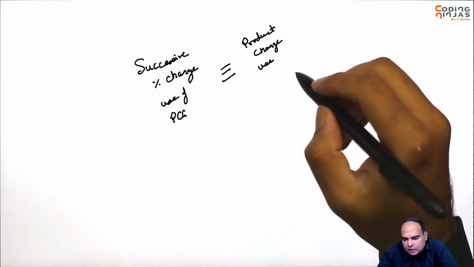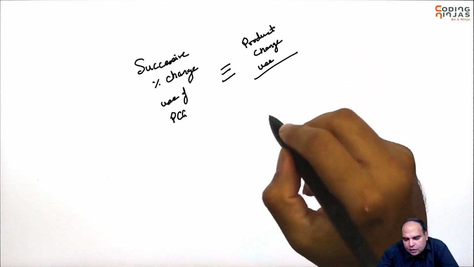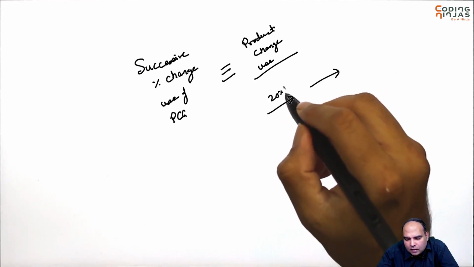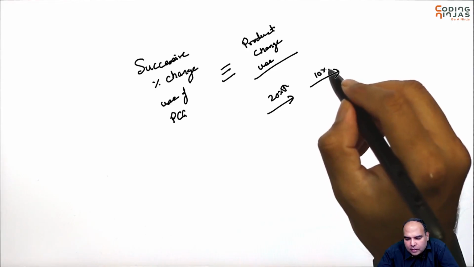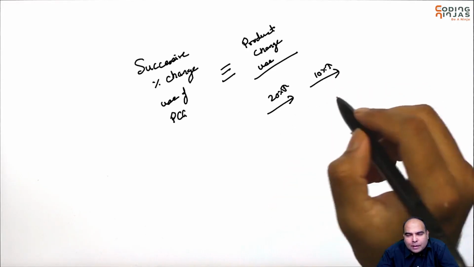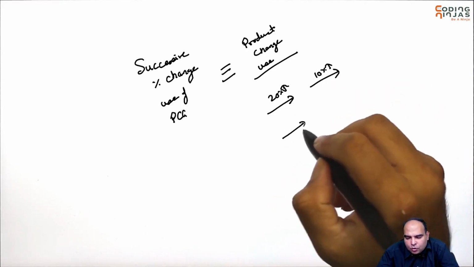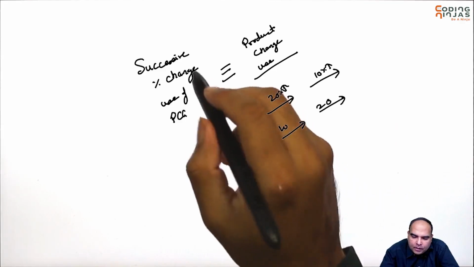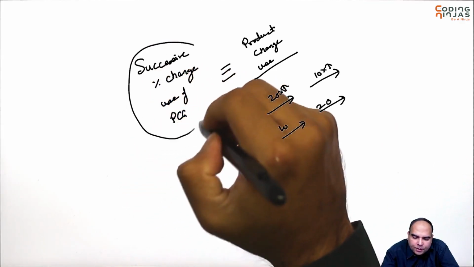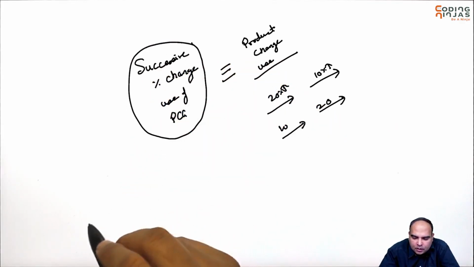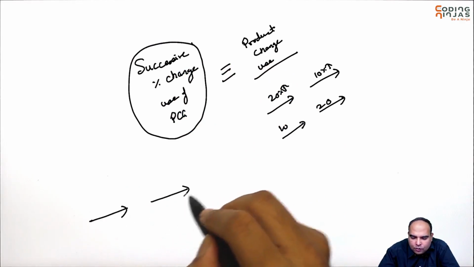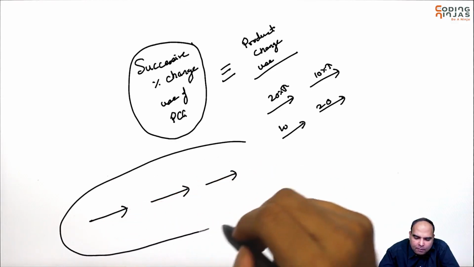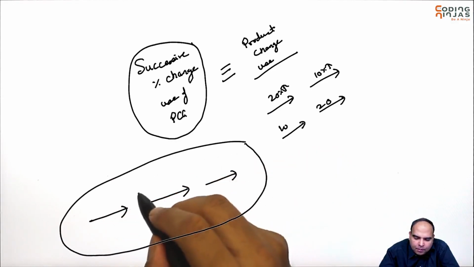That difference is that in the product change use, we have seen that the arrows are interchangeable with respect to each other. So 2010 is as good as 1020. But in the successive percentage change use of the PCG, sometimes what happens is that in the chain of values you're getting, in some of these questions, the intermediate numbers will be important.